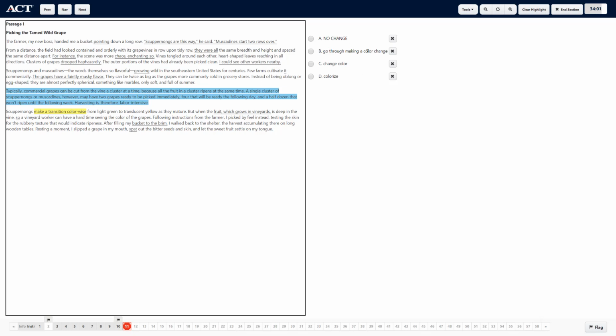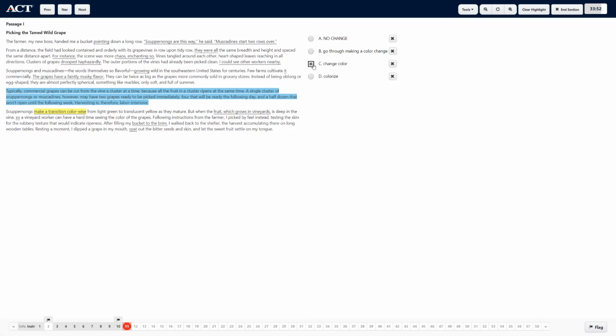So here colorize is not the correct verb. It's going to be change color, because this is shorter, the most concise answer, and colorize is not appropriate here. I cannot explain why, sorry.